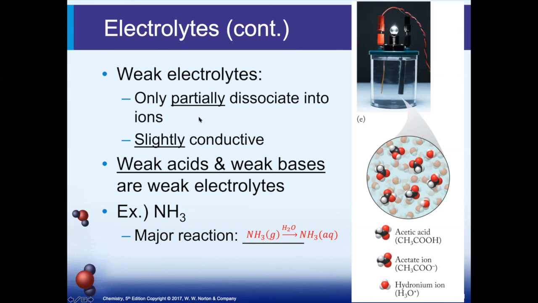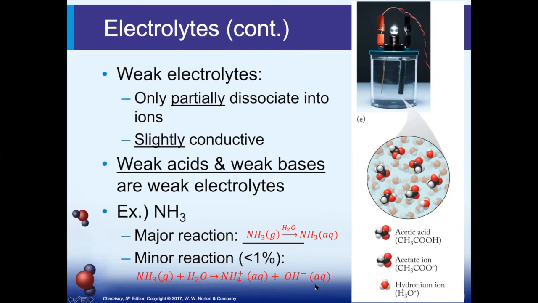But it does partially dissociate into ions, and that would be the minor reaction. Less than 1% of those ammonia molecules are going to react with a water molecule to give us two ions: an ammonium ion and a hydroxide ion, each dissolved in water. That's the minor reaction that occurs, and it does give us some ions.